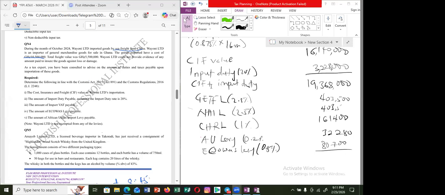ECOWAS is 0.5. We are waiting on whether it's on the CIF or on the CIF plus import duty. That's what we are waiting on. Mm. I think it's the CIF plus the import duty.